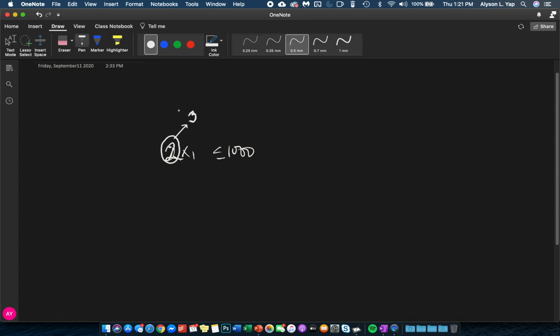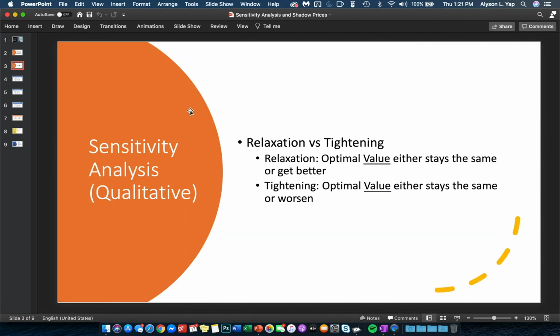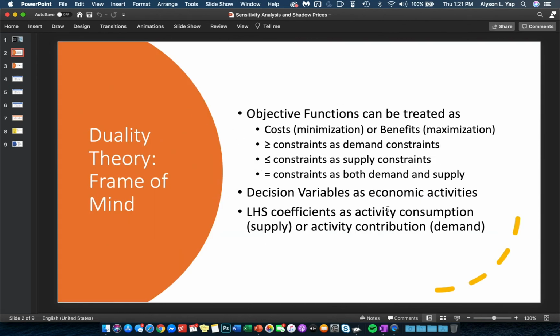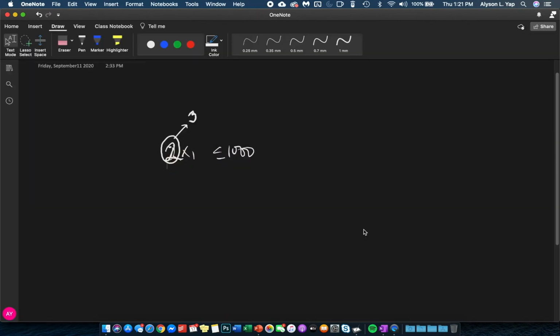Okay? Remember our discussion of the definition of left-hand side coefficient. Our left-hand side coefficients are either activity consumption or activity contribution, depending on the kind of constraint. And because this is a less than or equal to constraint, which is a supply constraint, then we can see this as an activity consumption. For every x1 that you do, x1 consumes 2 units of whatever this 1000 is. And because we are increasing 2 to 3, then this increases the activity consumption.